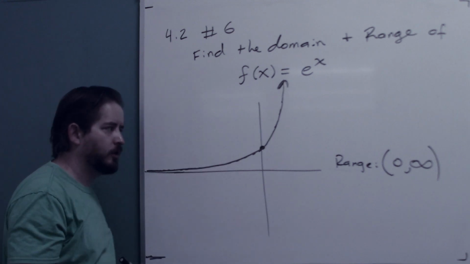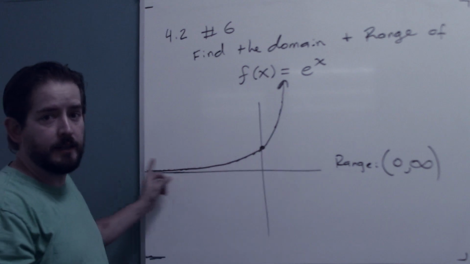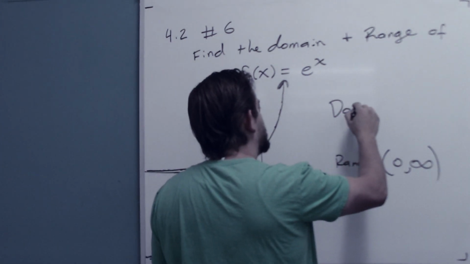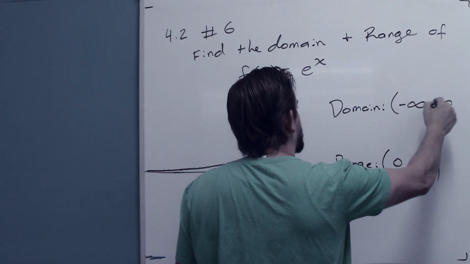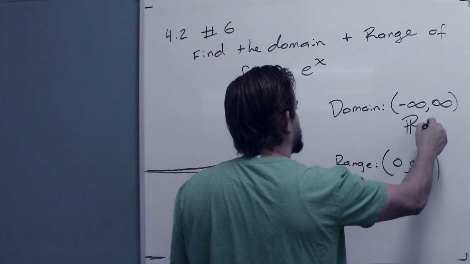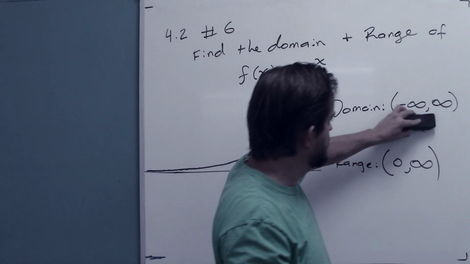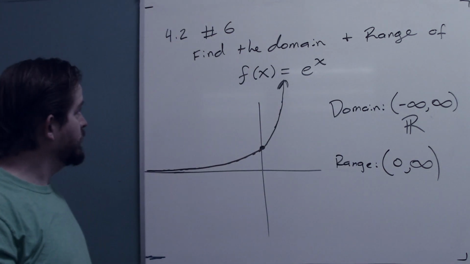So it's open parentheses 0 to infinity. The domain is everything, right? The x values, anything that I want I can put in there. So my domain is negative infinity to infinity, or all real numbers, is what that means, right? All right, so that's number 6.